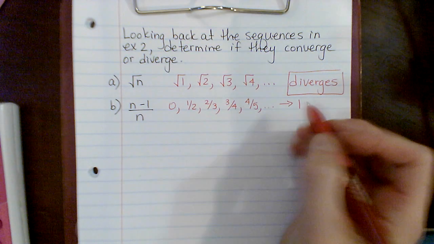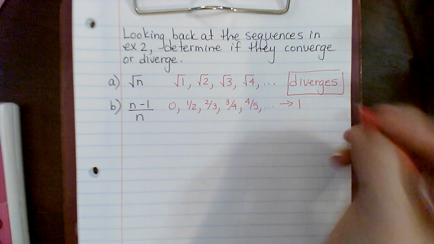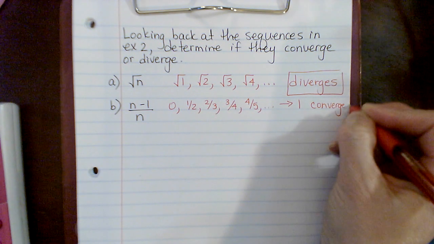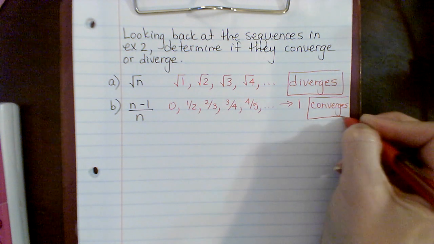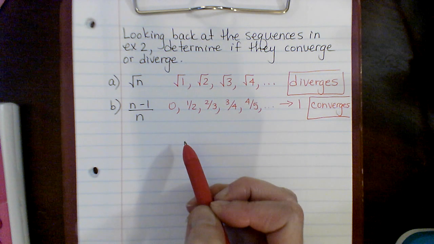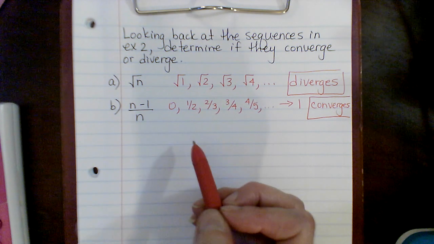So we write this little arrow to indicate that it converges, and that it specifically converges to 1. Now, how did I know it was going to be 1 without looking at the graph? Well, we're going to figure out in a little bit in this section that we can use L'Hopital on this.